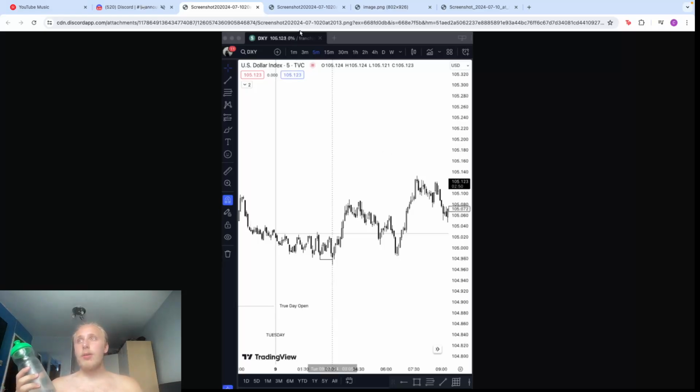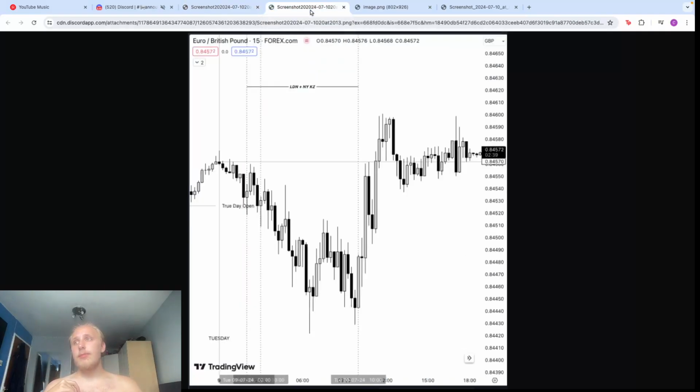So now we've framed our bias of DXY is going to be strong today. We now know, okay, we'd want to look for shorts on EU or GU. Now, I don't think I've spoken about this before. Shout out to Django for opening my eyes. But the next chart we'd then look at is Euro against the British pound.